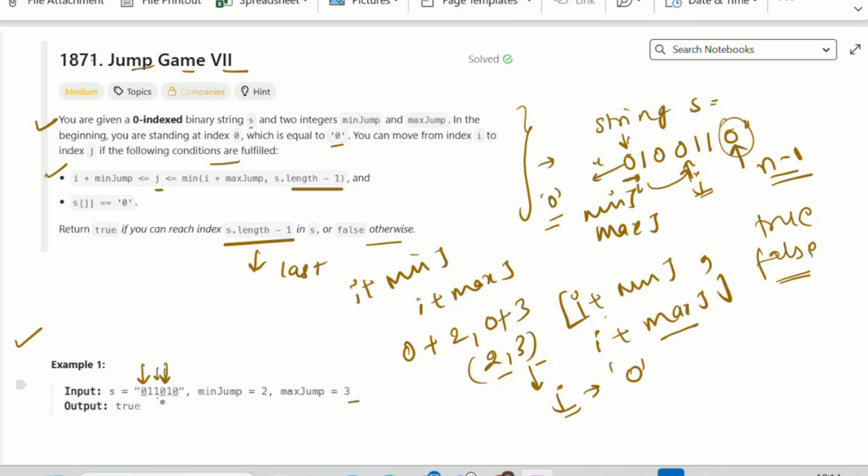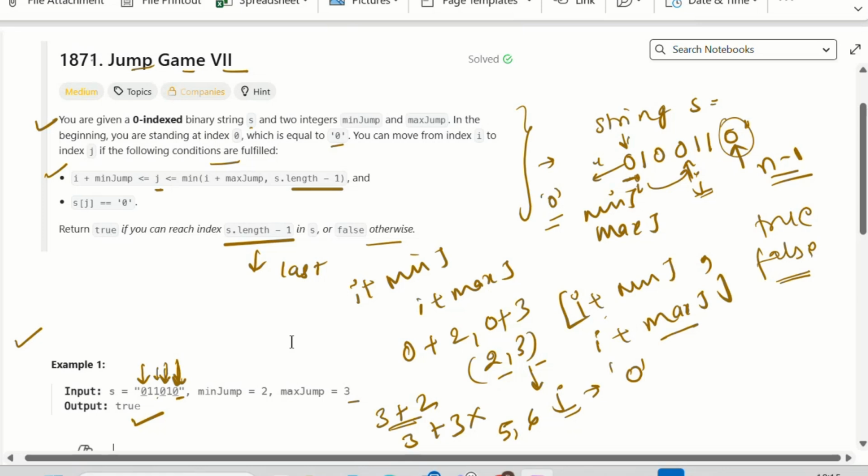From this third index, which indices can we jump to? 3 plus 2 and 3 plus 3, so we can jump to 5 or 6. Since there is no 6, it is out of bounds, so 6 is not possible. And 5 has the value 0, so we can jump to this index, and this is the last index. So we can return true in this case.